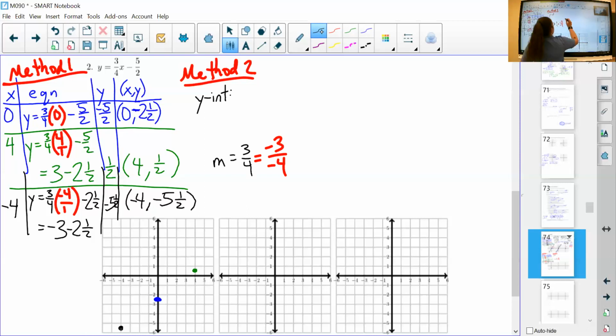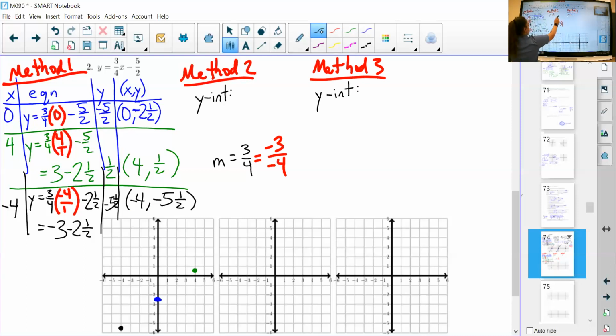And then method 3, this time we actually can use it all the way. So our y-intercept, we plug in x equals 0. You've done that over here by now, or you will soon.